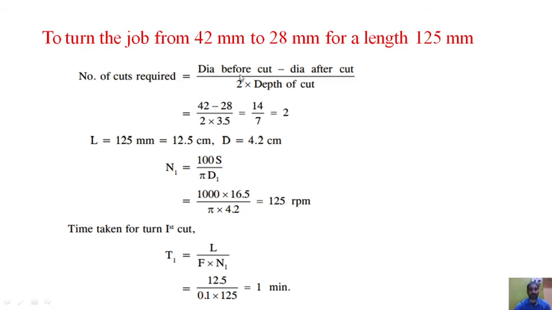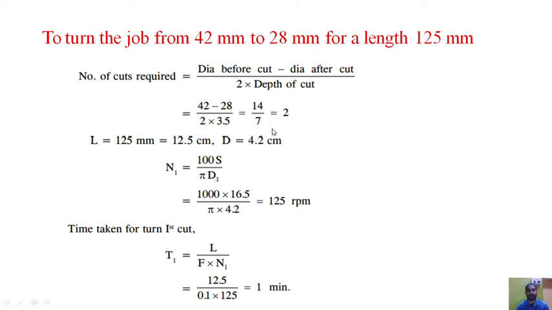The number of cuts required for reducing 42 to 28 you calculate like this. Diameter before cut is 42, after cut is 28, divided by 2 into depth of cut, because if you give a radial depth of cut, it will take twice that diametrically. So 2 into depth of cut 3.5 mm is 7, so 14 divided by 7, 2 cuts are required.